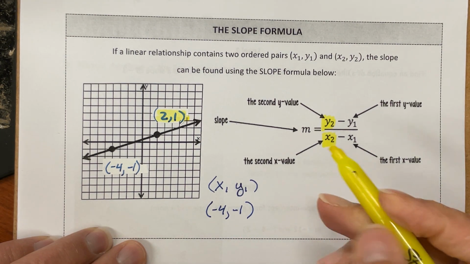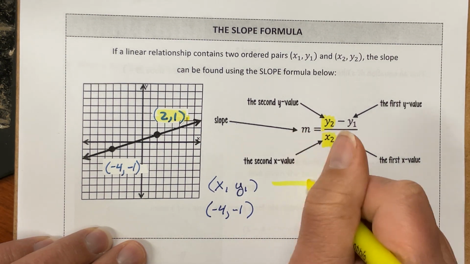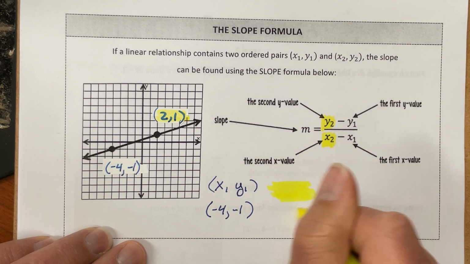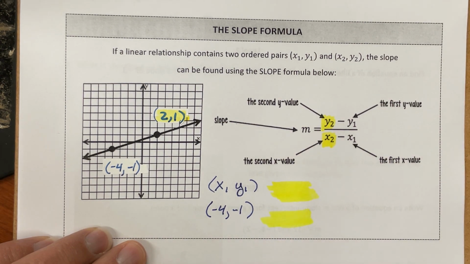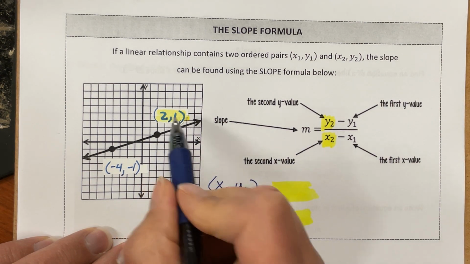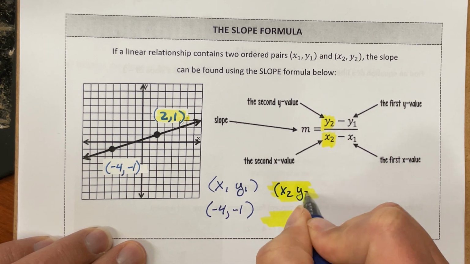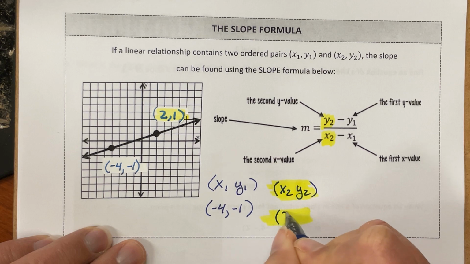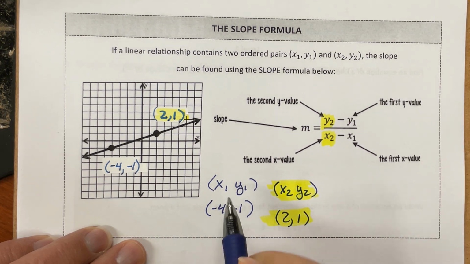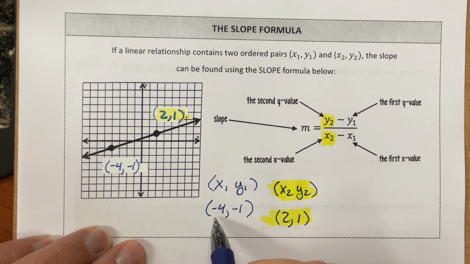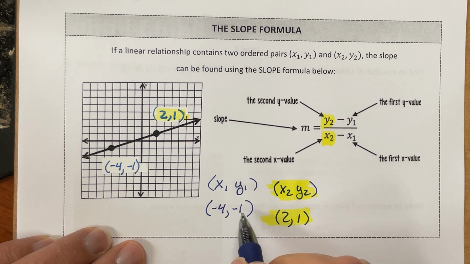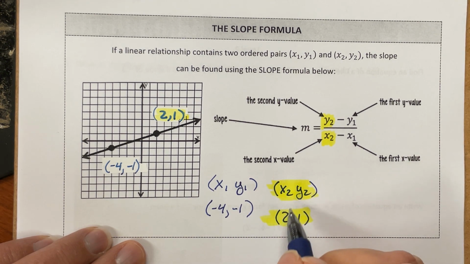And then I'm going to do x2, y2, and I'm going to highlight it because it makes it easier for me, as 2, 1. So x2, y2 is going to be the point 2, 1. So my x1 is -4, my y1 is -1, my x2 is 2, and my y2 is 1.